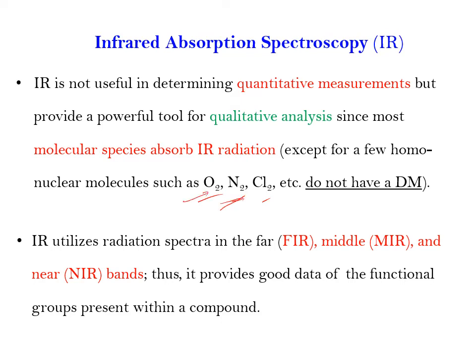In the case of heteronuclear molecules that have different nuclei, for example H2O, two hydrogen and one oxygen, there is a dipole moment, and these molecules are IR sensitive. So IR utilizes radiation spectra in the far infrared, middle infrared, and near infrared region bands. It provides good data on the functional groups present in the compound.